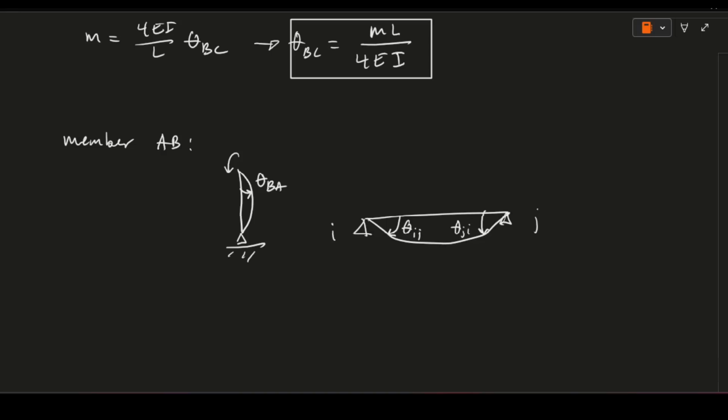The slope here and the slope there. This slope is negative, and this slope is positive. So, like this. So we have a moment.